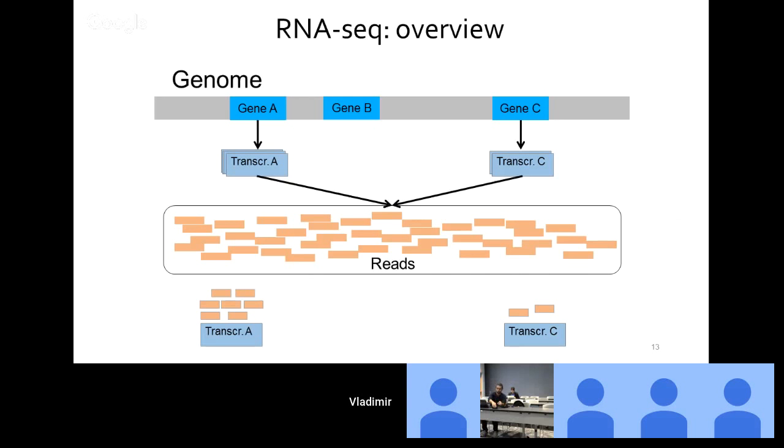So we simply map the reads read by a sequencer machine back to transcripts, and if there are many reads mapped on a gene, then the expression level of this gene is high. If there are only few reads mapped on a gene, the expression level is low, and for many genes there are no reads mapped on the gene. It means that the expression level of this gene is zero or little.